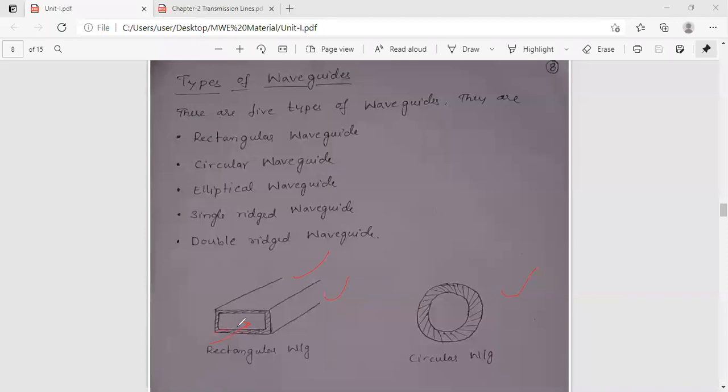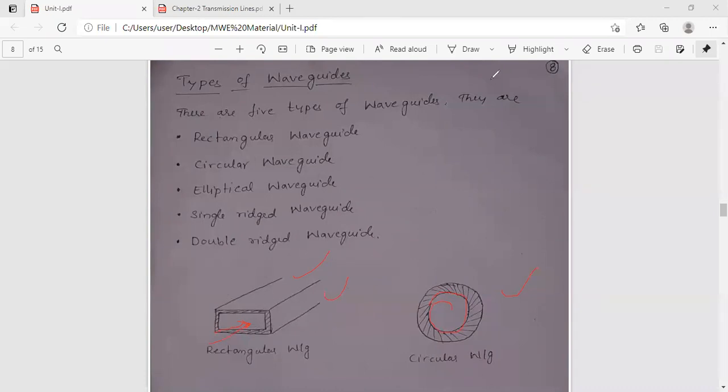The wave will be propagating in this particular path which is provided. The wave will be guided here, and here also at the center. This is the center path where the wave keeps on moving internally by reflecting from the inner walls. So according to the nature of the shape, it is called a rectangular waveguide and a circular waveguide.